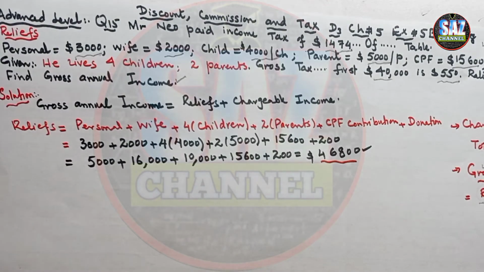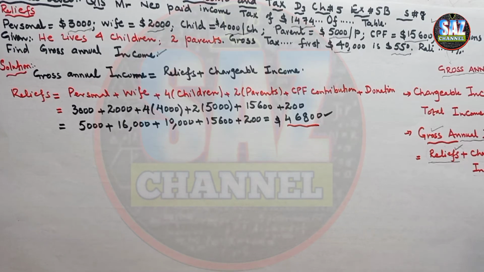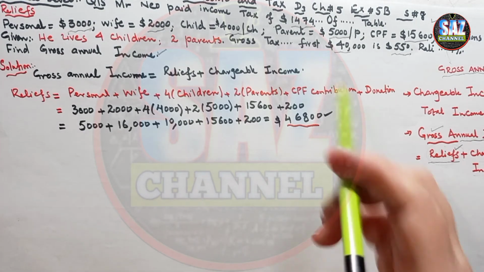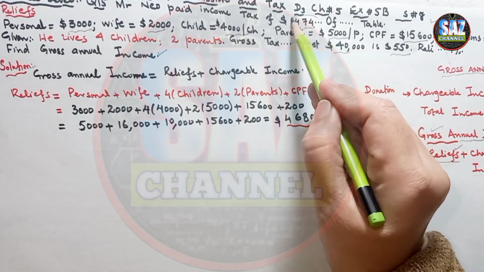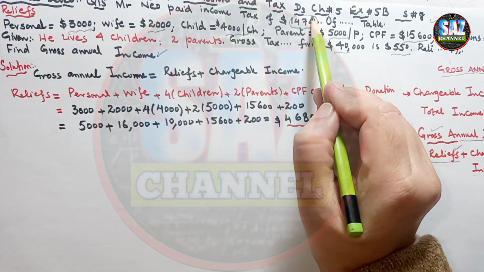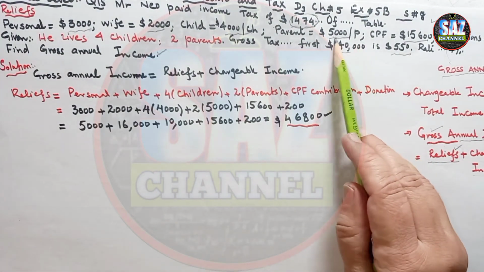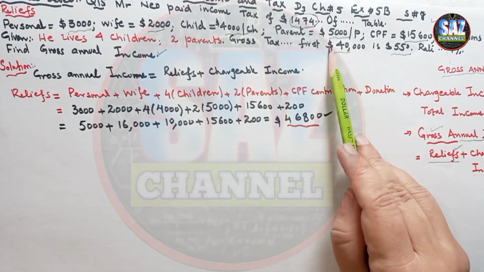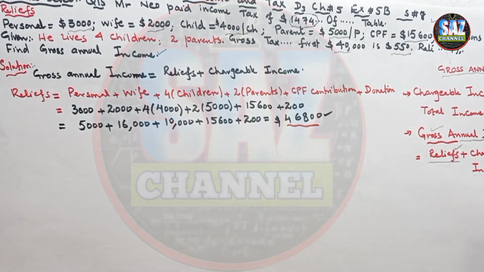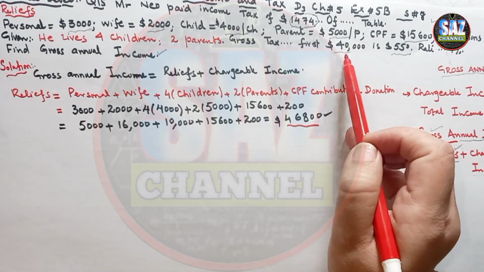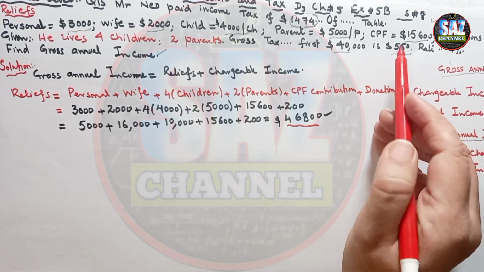Now coming to the second part, that portion of his income on which he is paying the income tax, the total tax that he has paid is $1,474. So there are two parts of that income. On the first 40,000 he's paying $550.